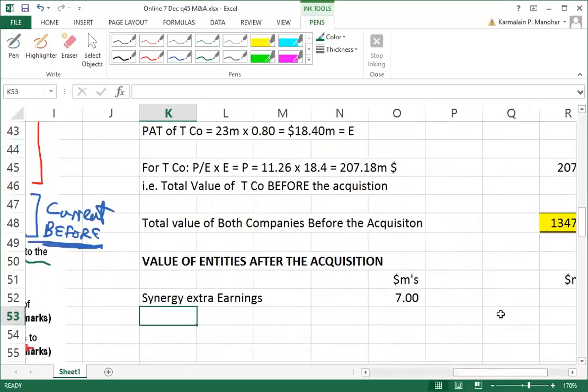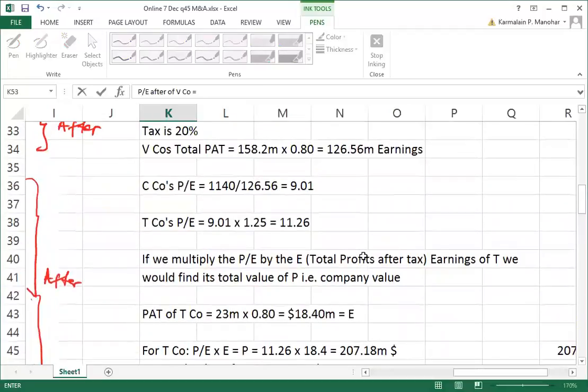So kind of trying to finish off the usage of the notes as we go along as well. So we have the extra earnings. We will say the PE after of VCO would be equal to, what was our PE above? 9.01. That's VCO.